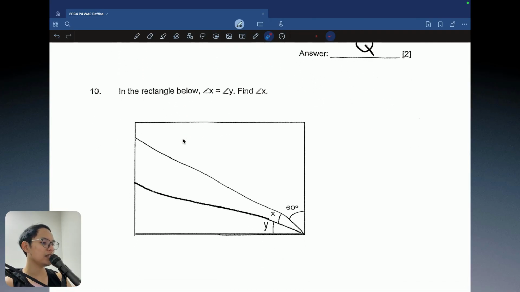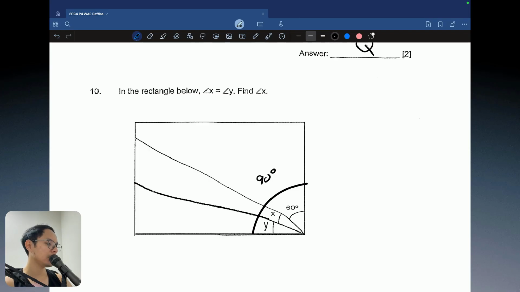This should be straight, right? But I think we know how to see this properly, but let's go through the question. In the rectangle below, angle x is equal to angle y. Find angle x. Okay, so you can see that the whole angle over here is 90 degrees.